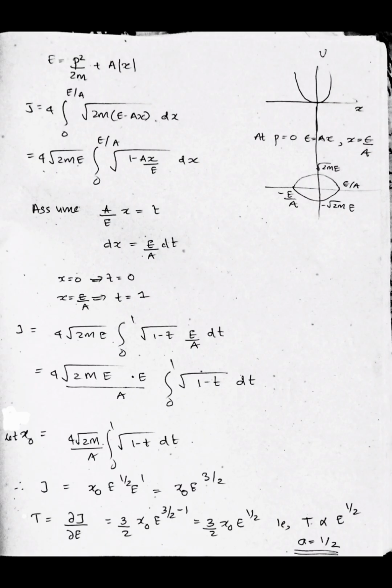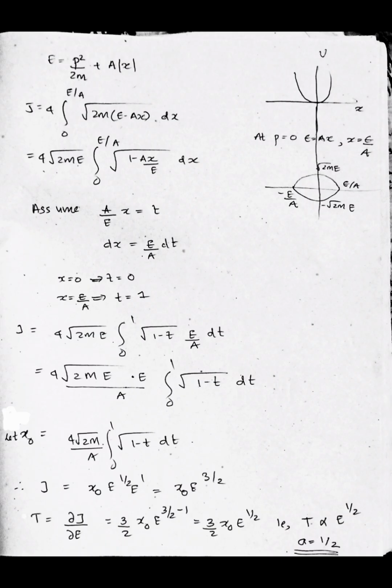This can be rewritten as J is equal to 4 into square root over 2mE integral over 0 to E by A into square root of (1 minus Ax by E) into dx, that is equal to 4 into square root over 2mE integral over 0 to 1 into square root over 1 minus t, because here we substitute A by E into x is equal to t, that is dx is equal to E by A into dt.